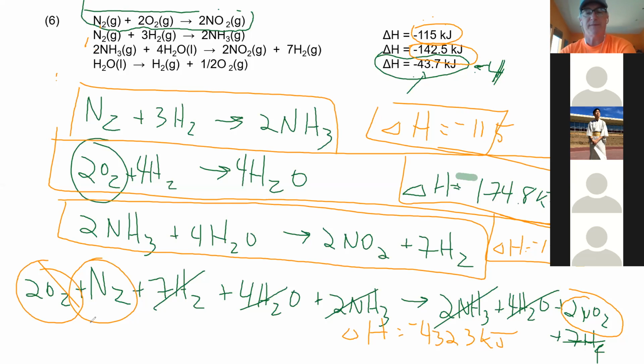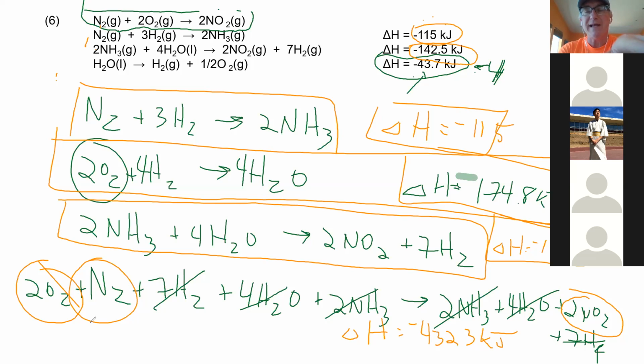And so the system I like to use is, find my products, find my reactants, get them on the right side. So I do my flips first. But sometimes it's going to be tricky if you've got them on both sides. Here we've got water on both sides, but water isn't in our original reaction.